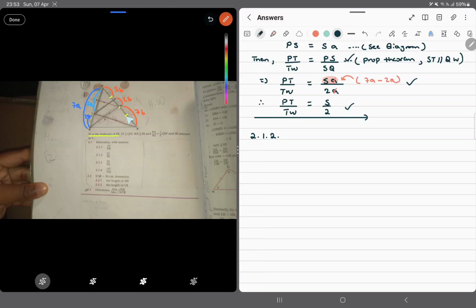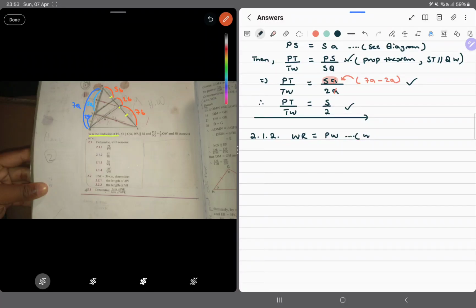But we need to make an account for this WR. So essentially we can say we know that PW is equal to WR, or maybe let's put it this way. Say WR is equal to PW. Why?